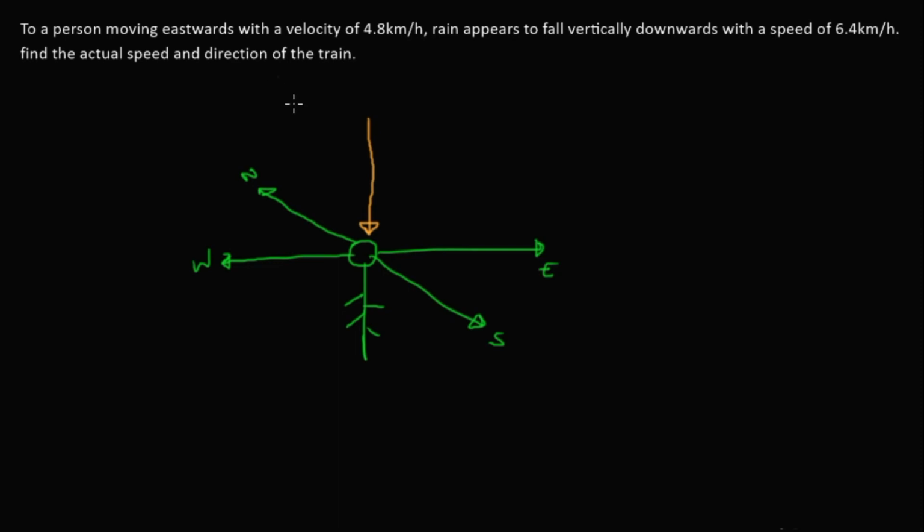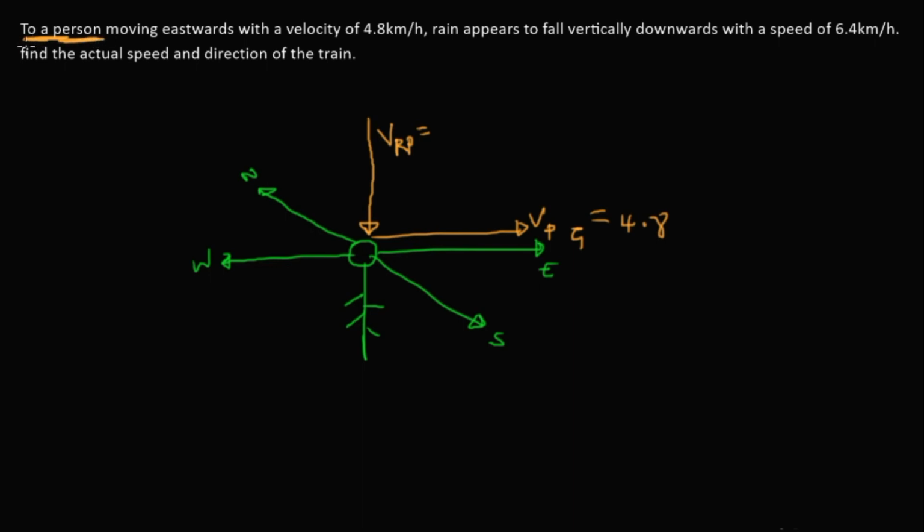To a person moving eastward, this person is moving eastward with a velocity. This is the velocity of the person to the ground, which is equal to 4.8 kilometer per hour. Now rain appears to fall vertically downward with a speed, so this is the velocity of the rain to the person, because the person is the one seeing it.